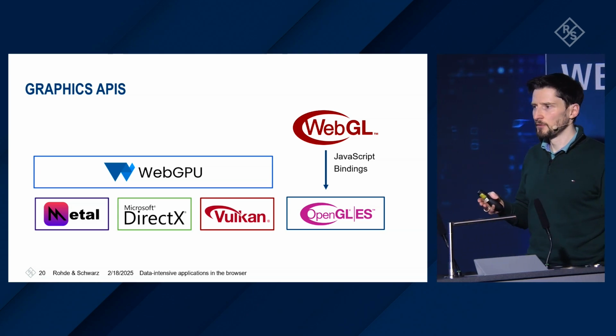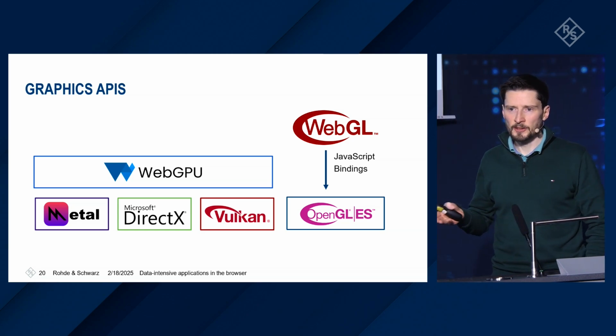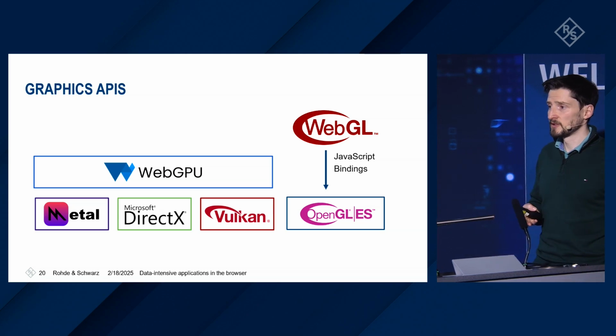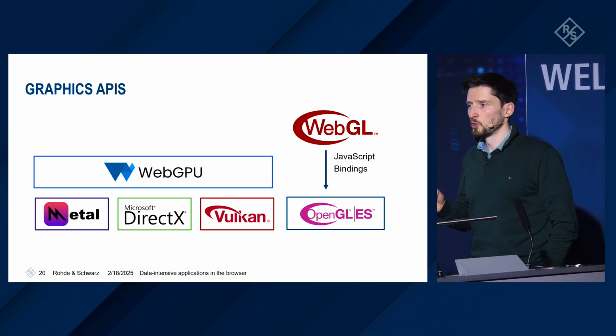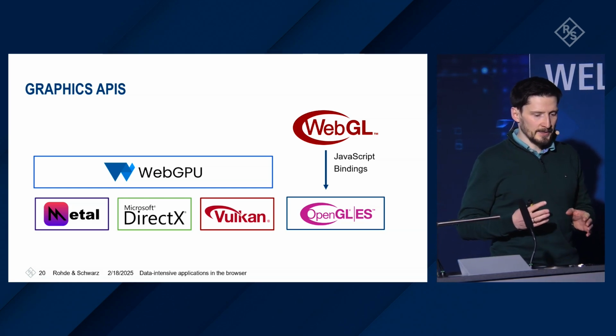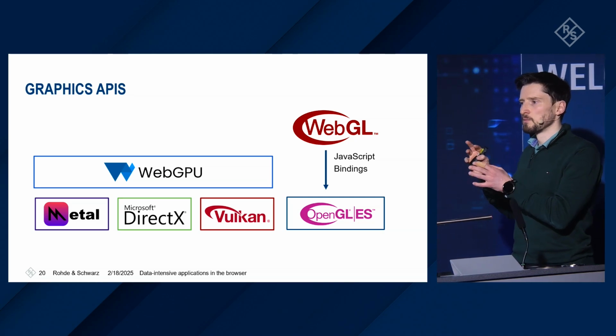For example, a hello triangle, some kind of hello world in the graphics world, takes roughly between 1,000 and 3,000 lines of code in Vulkan. Because in Vulkan the complexity is with the developer, and in OpenGL it's more in the driver.